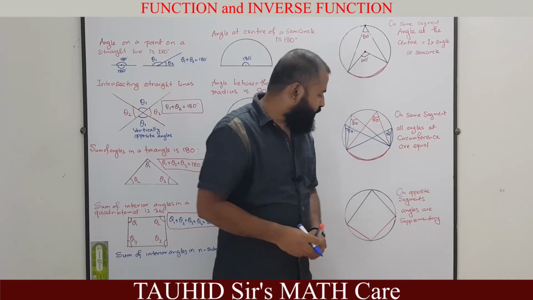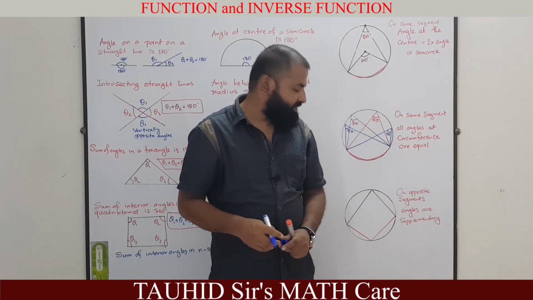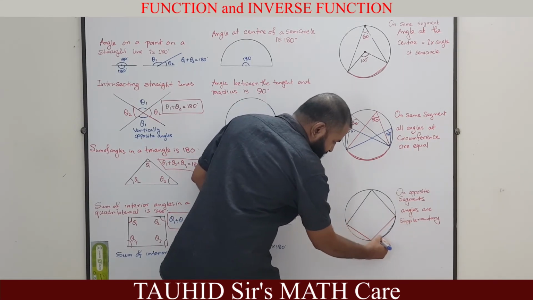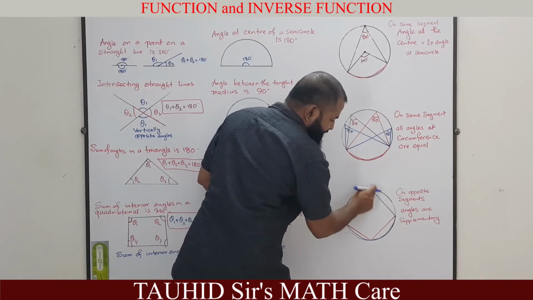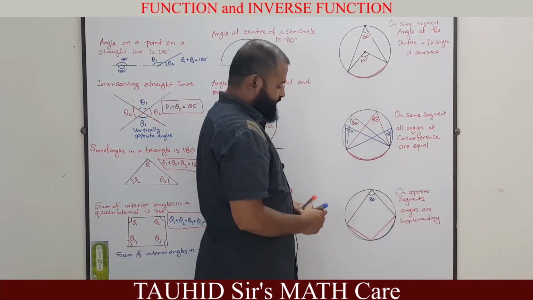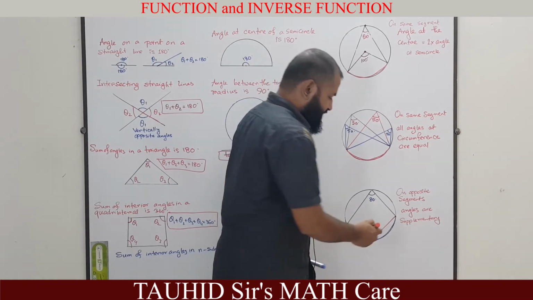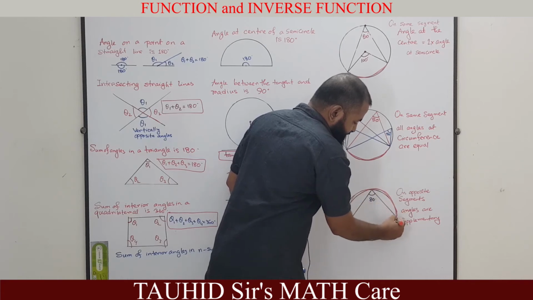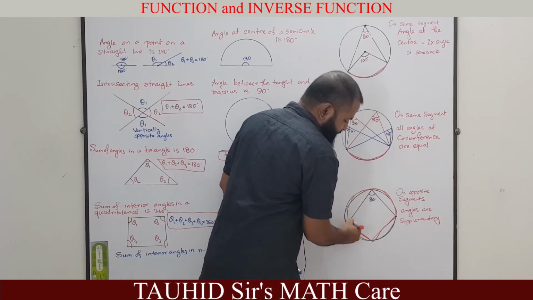And the last one, on opposite segments, angles are supplementary. That means on this segment, I have drawn an angle, this angle. If we call this angle 80 degrees, on the opposite segment, that means the rest of the circumference, on this segment we see another angle, this one.